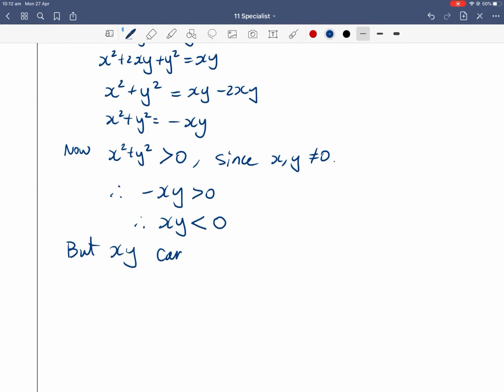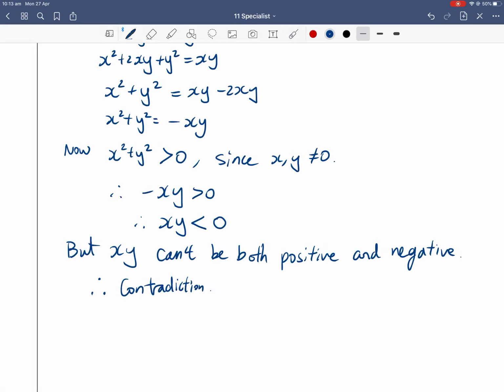So we would write that xy can't be both positive and negative, therefore we have a contradiction.